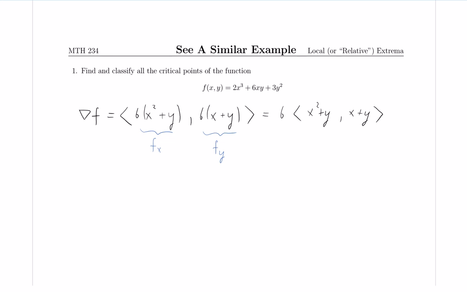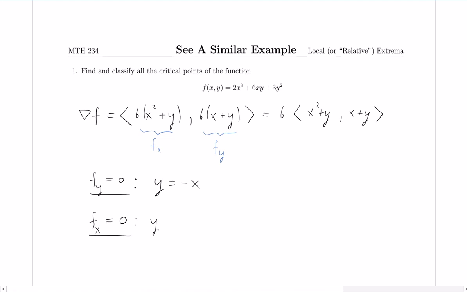First, let's look at what it means for fy to be 0. If the y derivative is 0, this means that y is equal to negative x. Now what if the x derivative is 0?